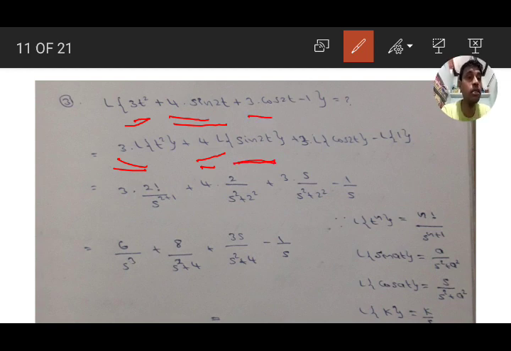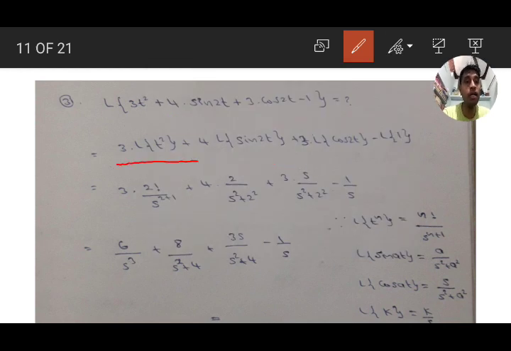Next 3 into cos 2t, 3 is the coefficient, 3 outside, L of cos 2t. Next, L of minus 1. It is by linearity property: coefficients are outside and Laplace transform of functions. So we got this step by linearity property.